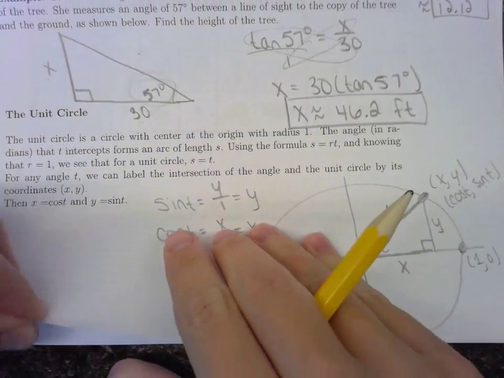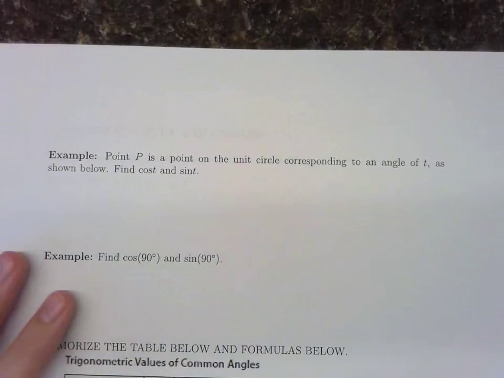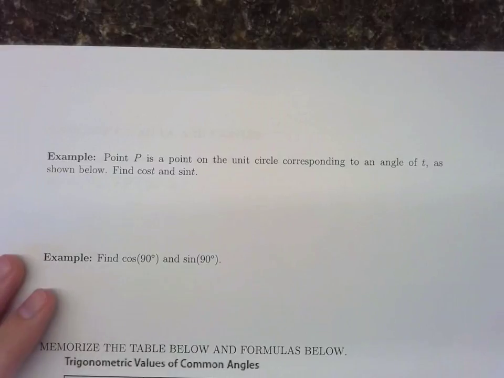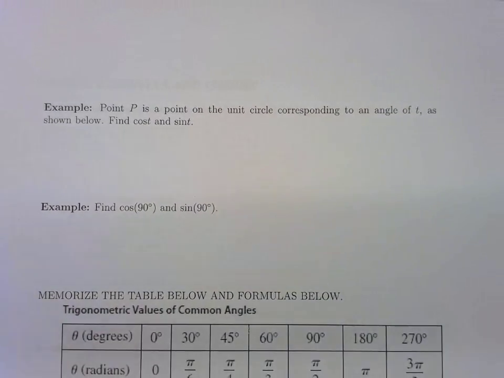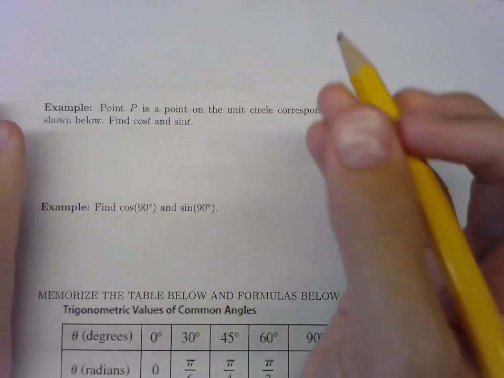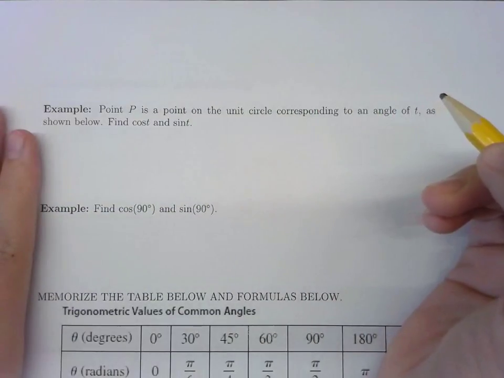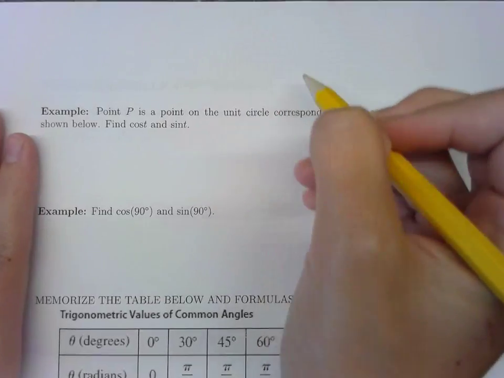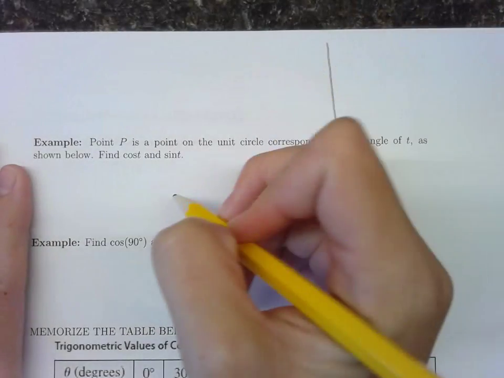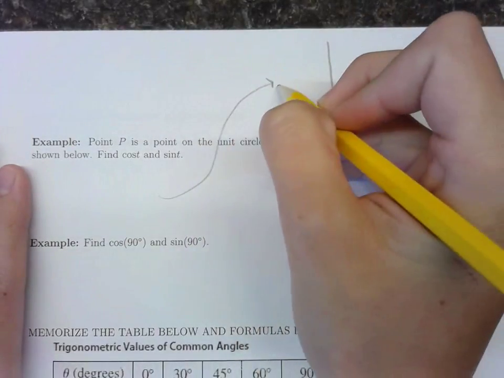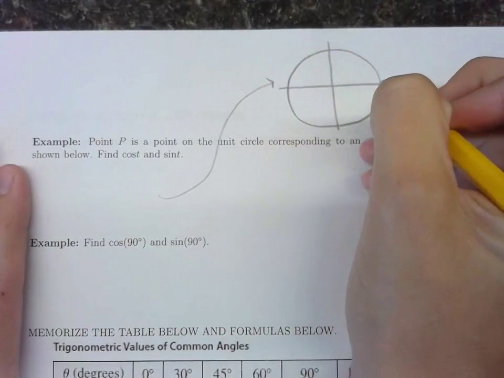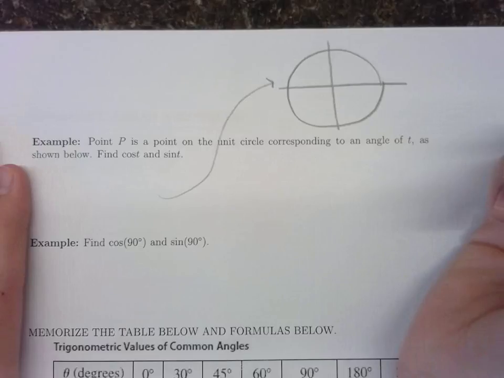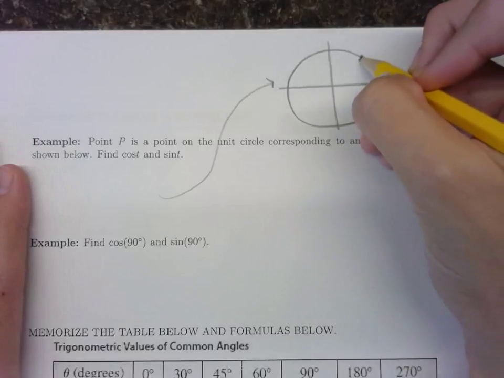Okay, moving on to page 13. It says point P is a point on the unit circle corresponding to an angle of T as shown below. Find cosine T and sine T. So I'm going to come up here and draw the unit circle. Let's say we have some point here.